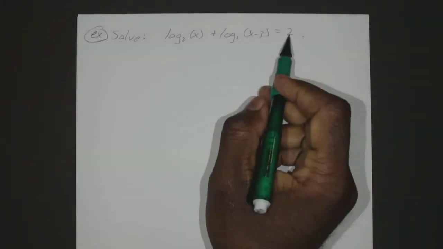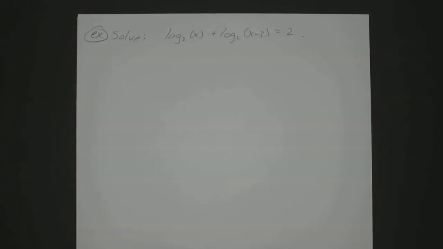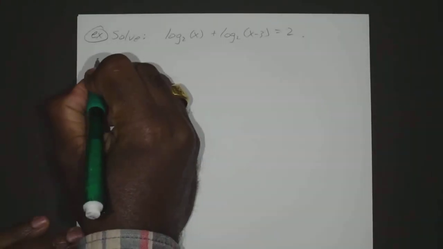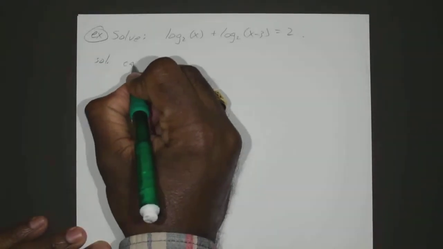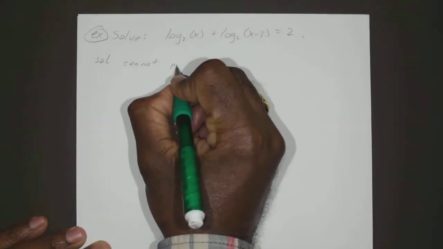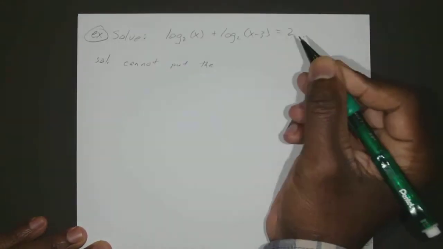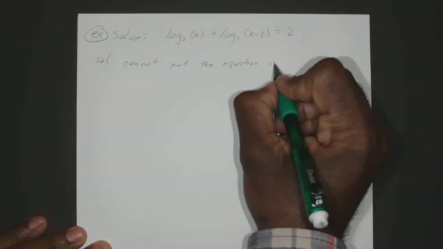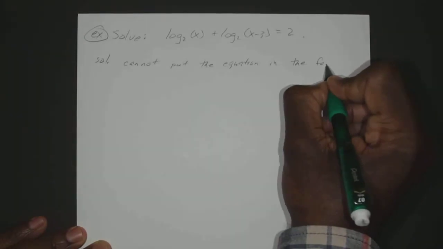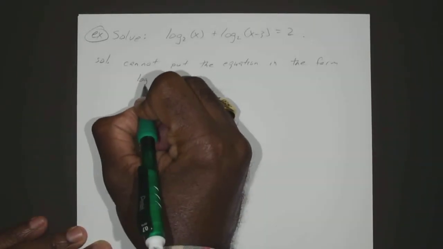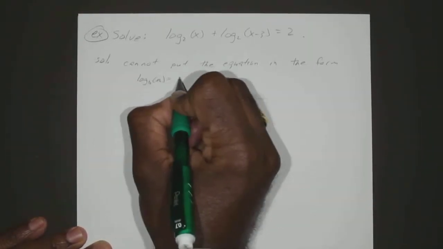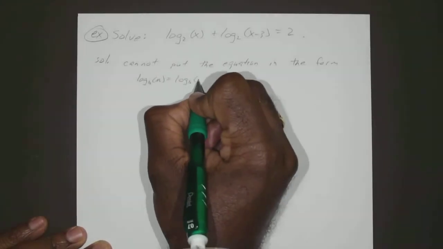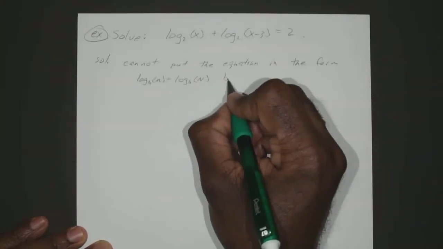Now because of that 2, we can't put it into the log of a function equals the log of a function form, because that 2 throws everything off. So we cannot put the equation in the form log base b of m equals log base b of n because of the 2.